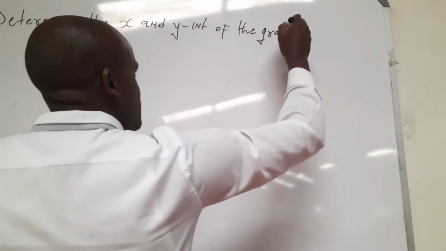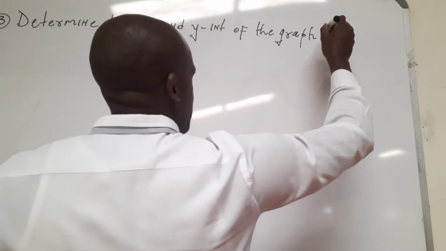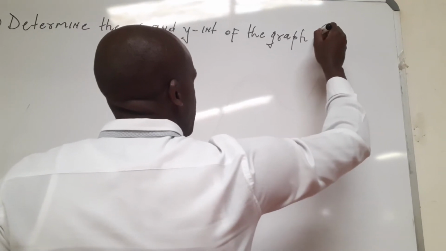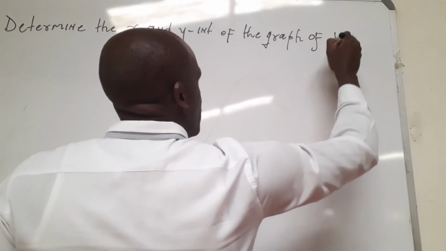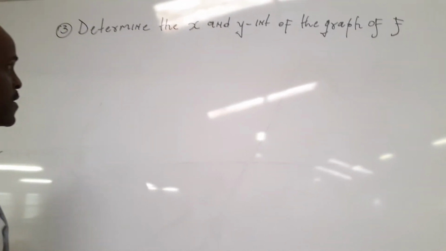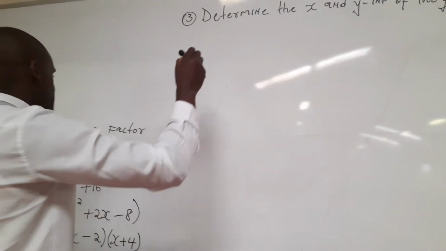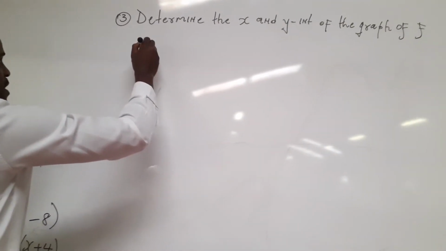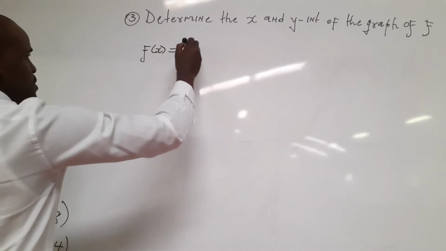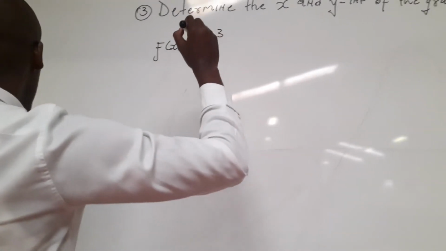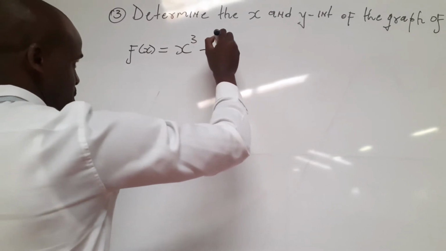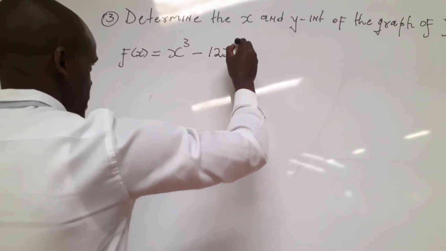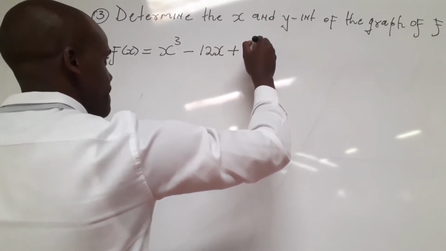You determine the x and y intercept of the function of f, right? Our equation again, we've got f at x equals x cubed minus 12x plus 16.